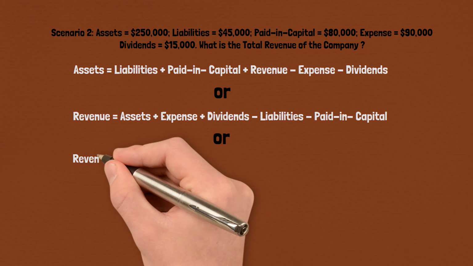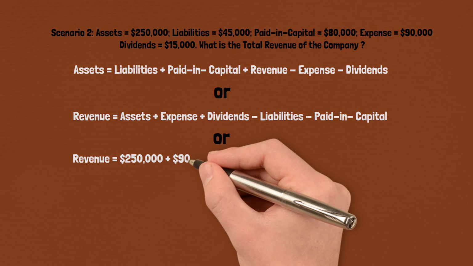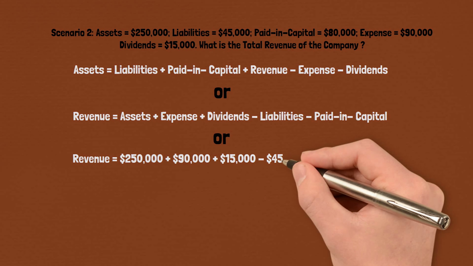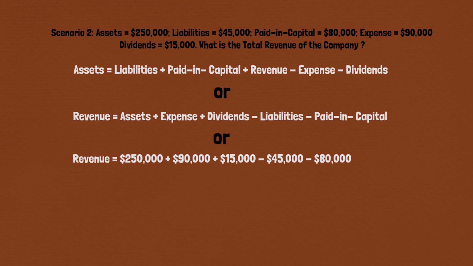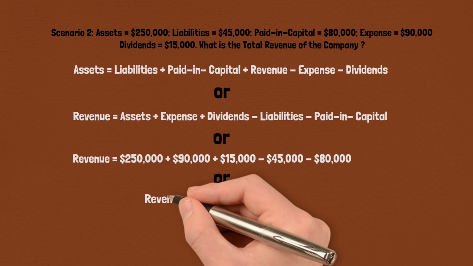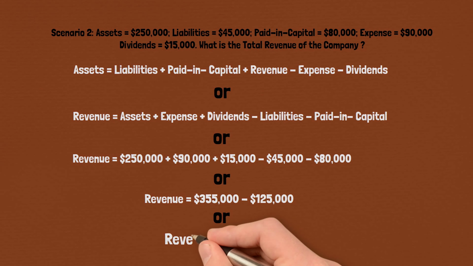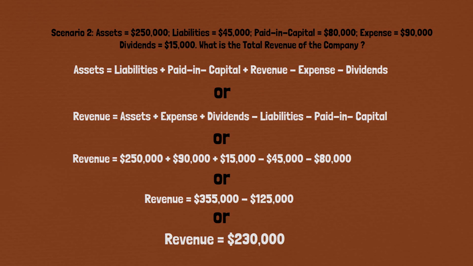In the next step, we are going to add assets worth $250,000 plus expenses worth $90,000, dividends $15,000, and from that we are going to deduct liabilities and paid-in capital worth $45,000 and $80,000 respectively. In the next step, we are going to deduct $125,000 from $355,000. The total revenue of the company comes at $230,000.